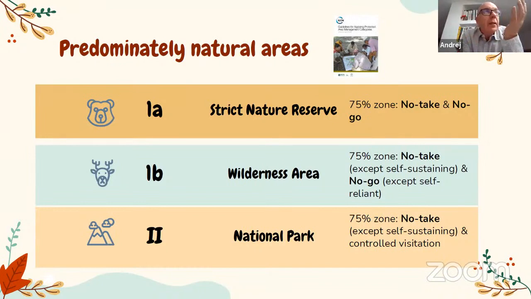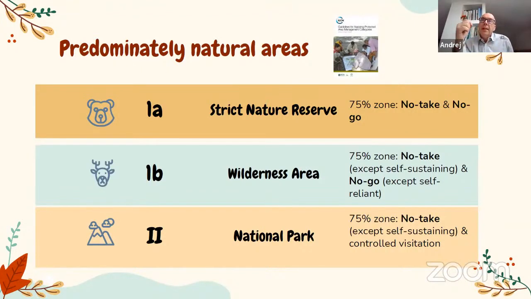Disturbance means visual disturbance, like looking from the mountain and seeing a big motorway, or hearing the noise from industry and so on. So the area should be big. And these are also no-take and no-go zones with major exceptions.